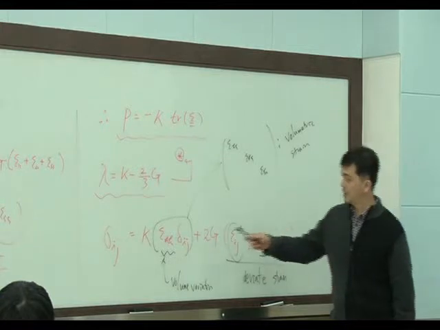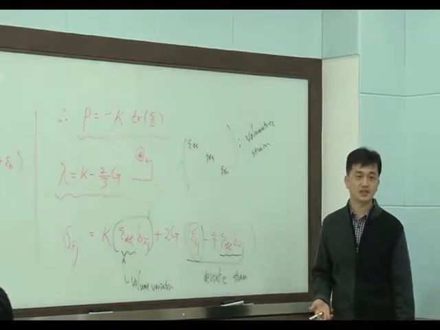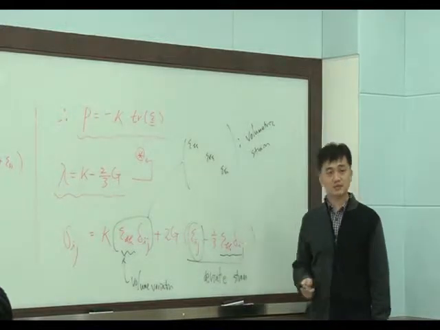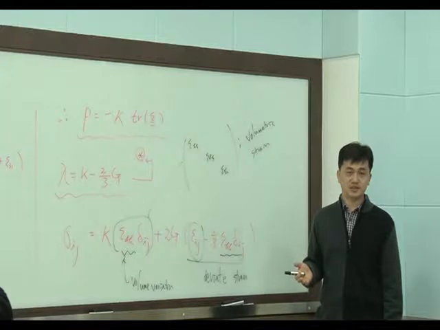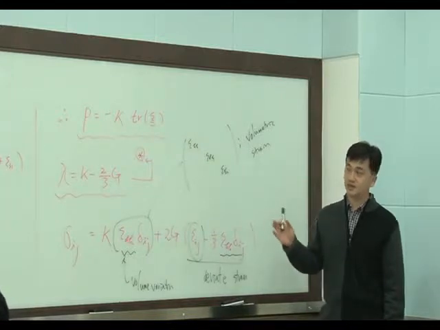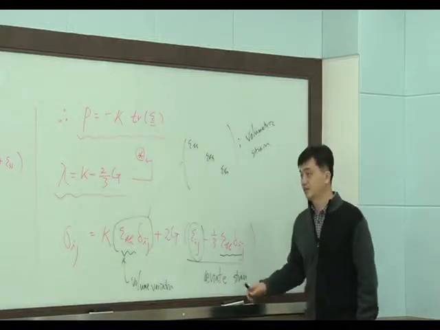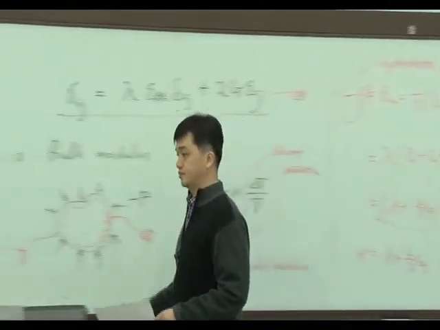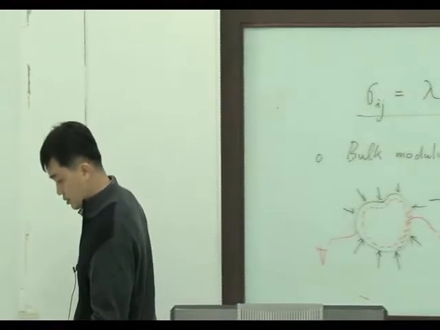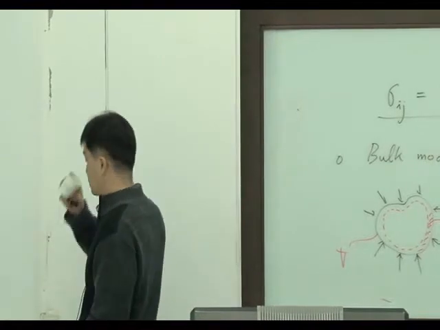So the volume part of the strain corresponds to the volume part of stress, and the deviator part of strain corresponds to the deviator part of stress. Right? So there are relationships like that. Okay, so now you know about bulk modulus.